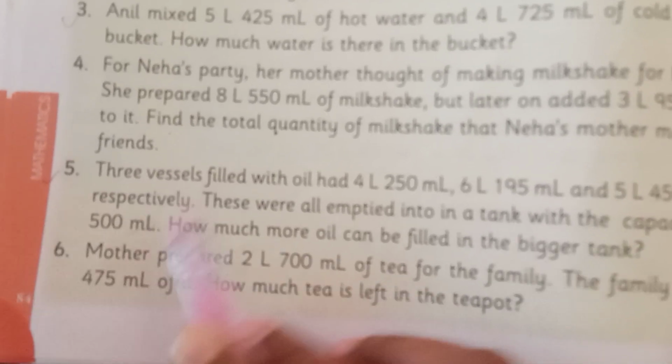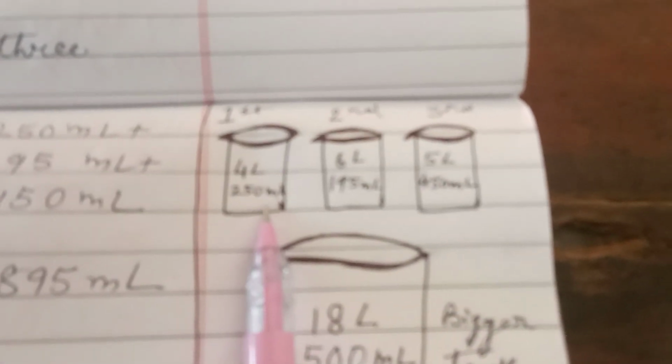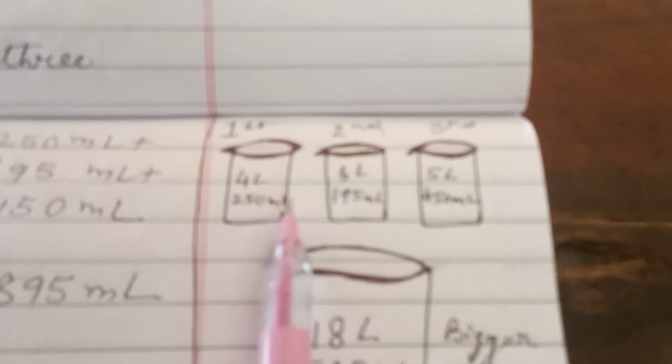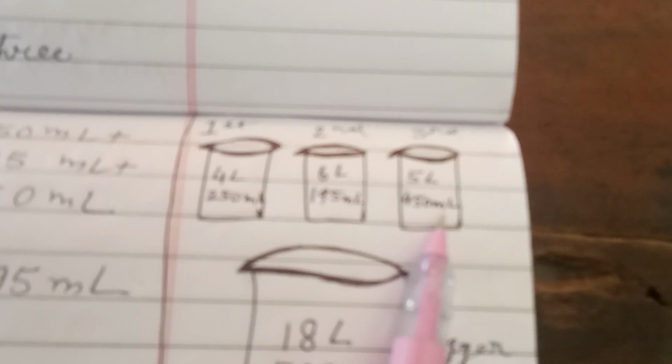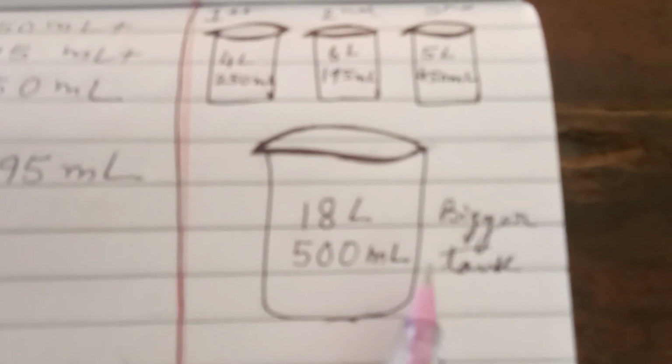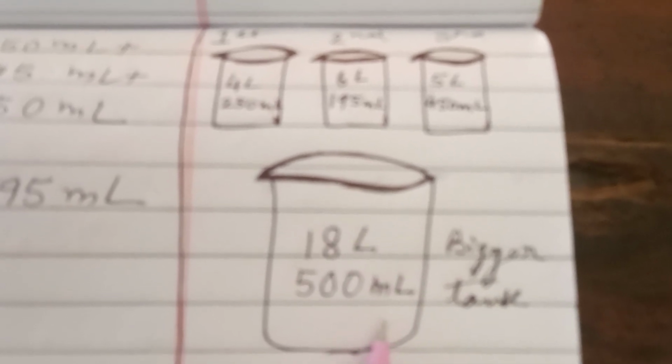How much capacity is left over? Okay, let's do it, children. I have tried to explain it with figures. Suppose this is the first small tank, this is the second container, and this is the third container. The capacity of the first container is 4 liter 250 ml. Second container capacity is 6 liter 195 ml. Third container capacity is 5 liter 450 ml. Now there is a big container with capacity 18 liter 500 ml.